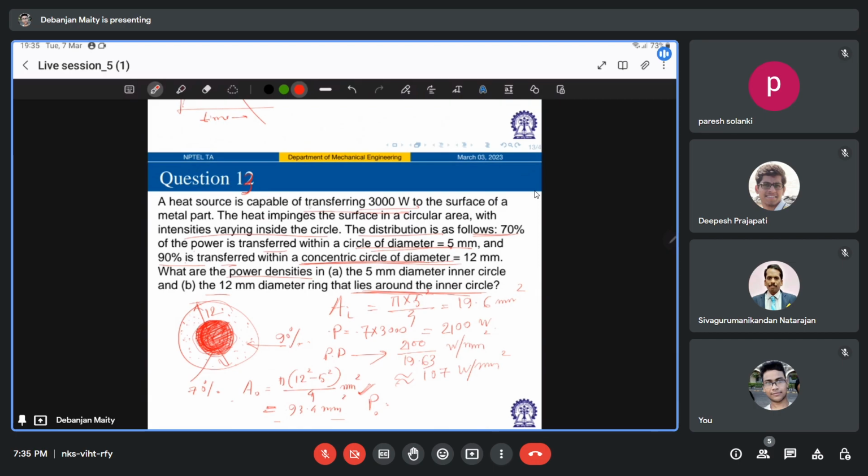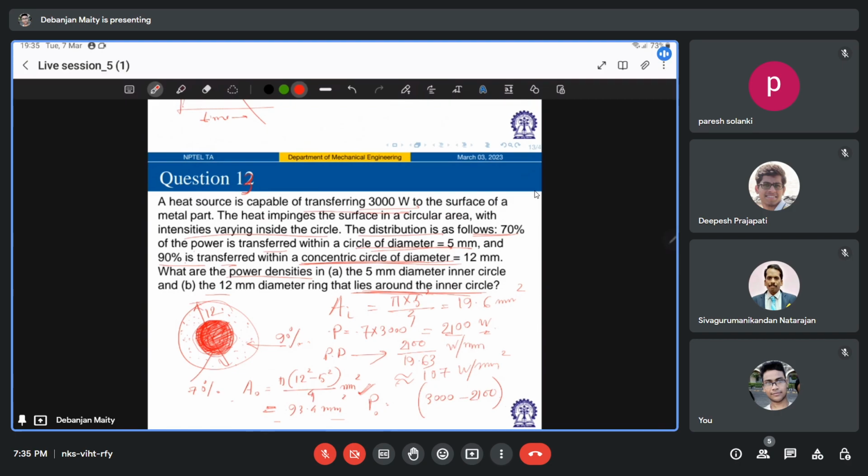So you have your heat source which is capable of transferring 3000, and in the inner circle you have already used this 70% of this 3000 watt, which is 2100 watt. So this is the remaining capacity of transferring for the heat source, right?